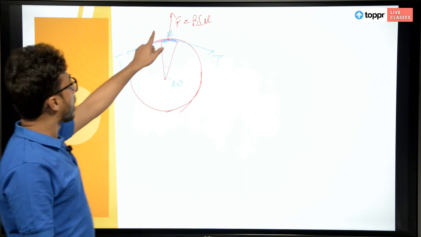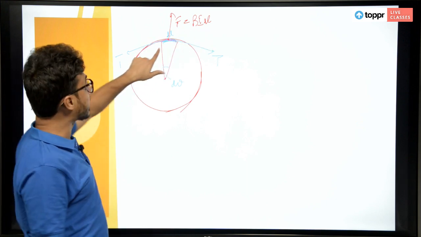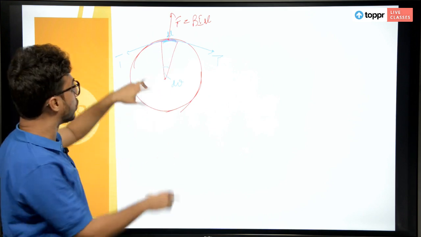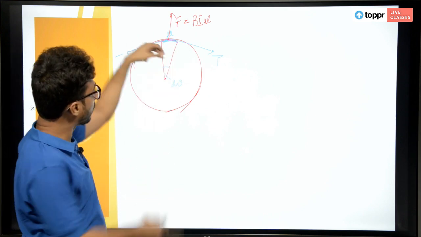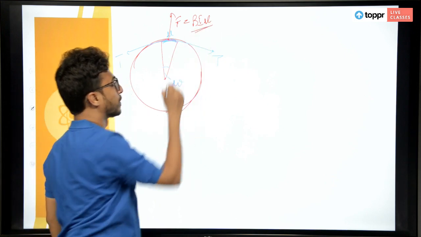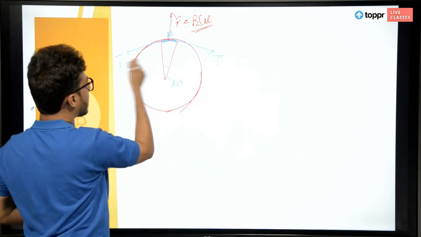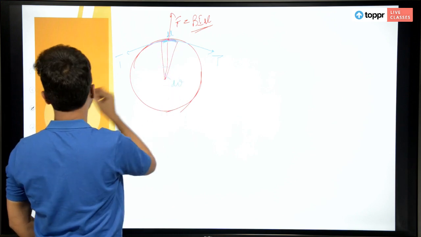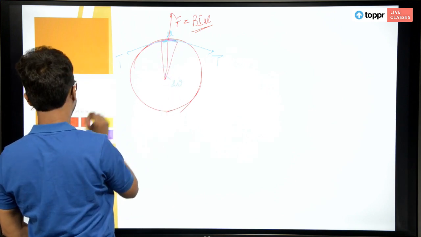Now this force is getting balanced by the component of the tension in the downward direction. The tension is acting along the tangent, so the component of the tension will be acting along this line.